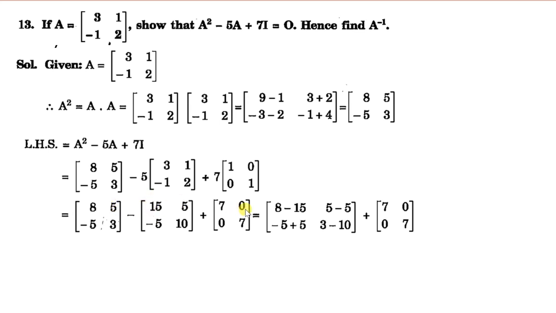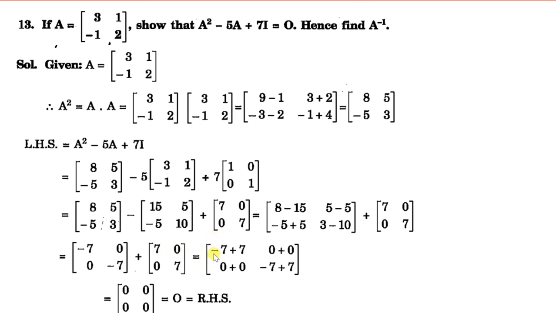So the first term will be 8 minus 15 plus 7, so you get 0. Again 5 minus 5 plus 0 is also 0, minus 5 plus 5 plus 0 is also 0, then 3 minus 10 plus 7 becomes 0. So you get the null matrix, which was to be proved.